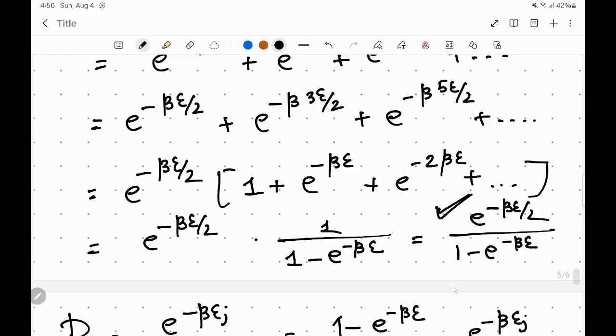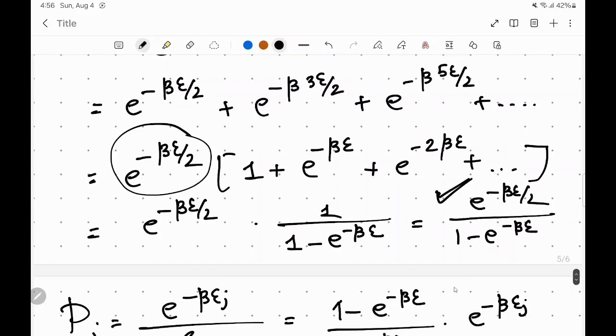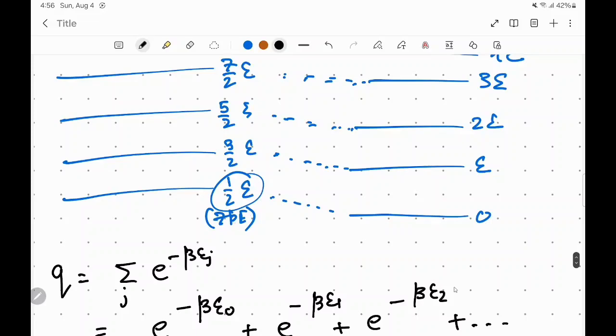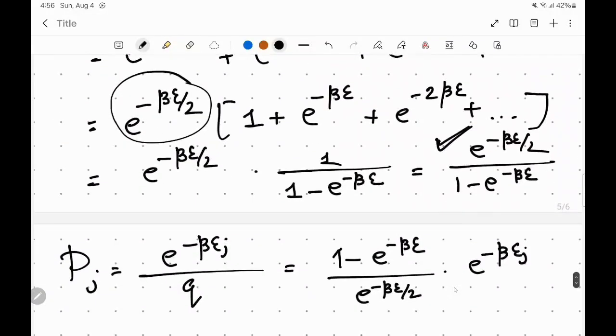From here also you can see that you are taking this common, which means you are just shifting by that value. When this is not there, you are ignoring the shift. You are adding the zero point energy, this half epsilon, to every term.